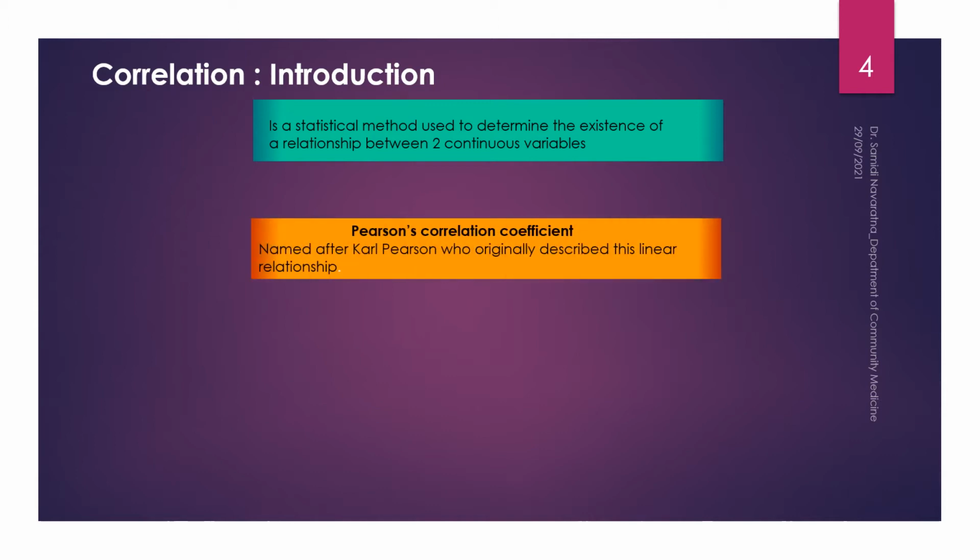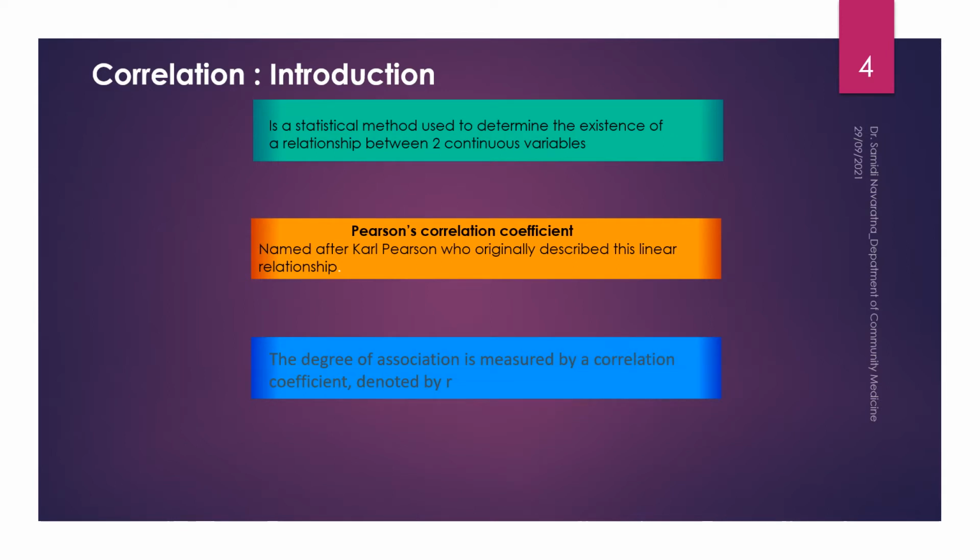There are several types of correlation coefficients. The one that would be explained in this section is called Pearson's correlation coefficient and is named after Carl Pearson, who is the statistician who pioneered the research in this area.